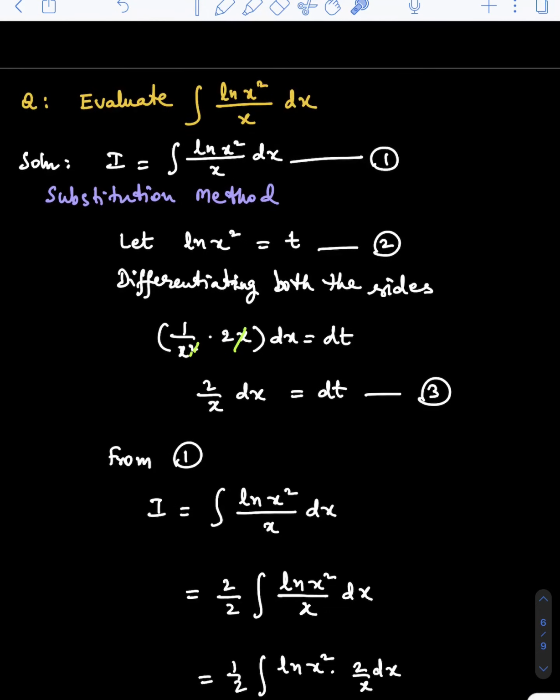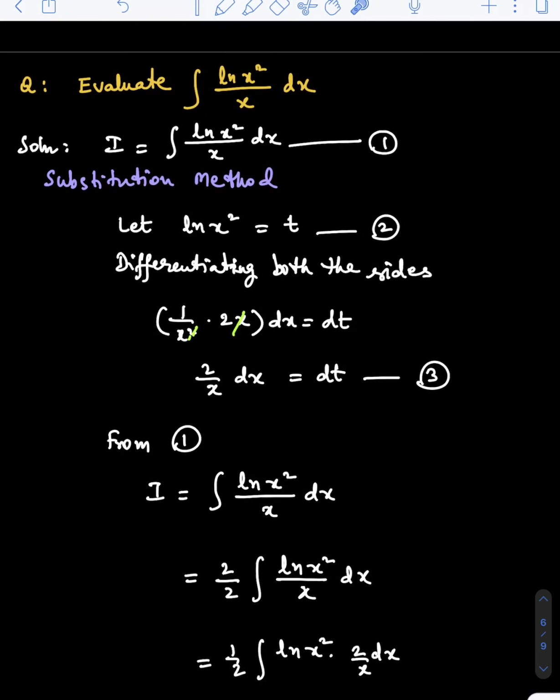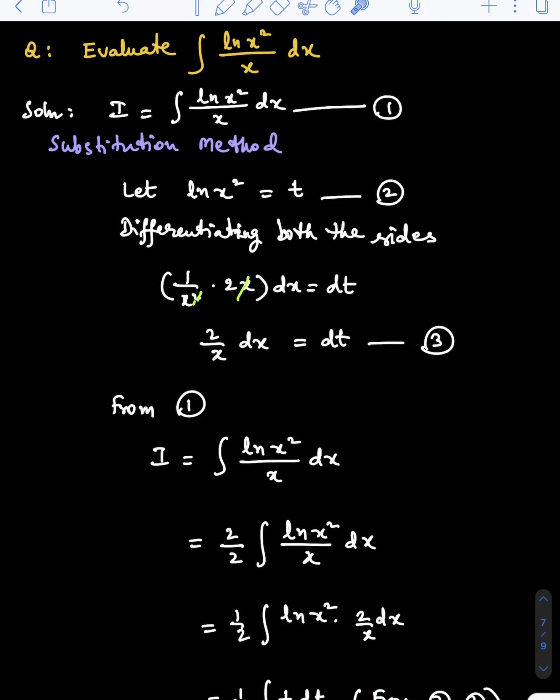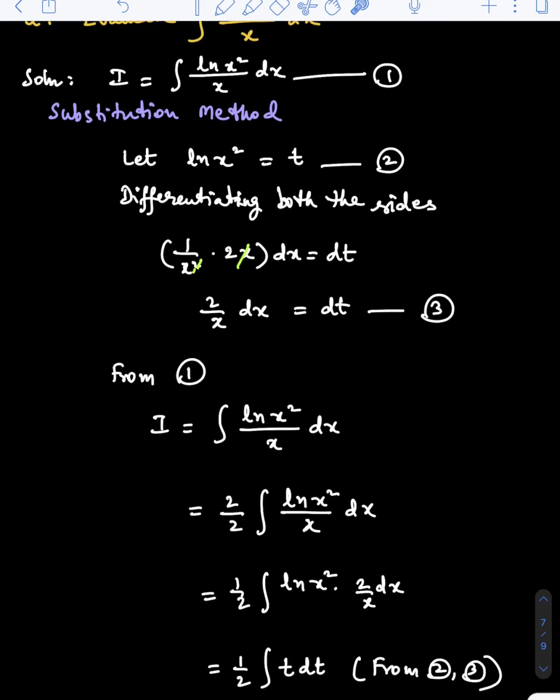See, half remains outside. That numerator part is taken inside. 2 by x dx. Because I am going to substitute equations 2, 3 there. What is equation 2? ln x square is equal to t. So in place of ln x square I am going to write t. In place of 2 by x dx I am going to write dt. That is the next step.